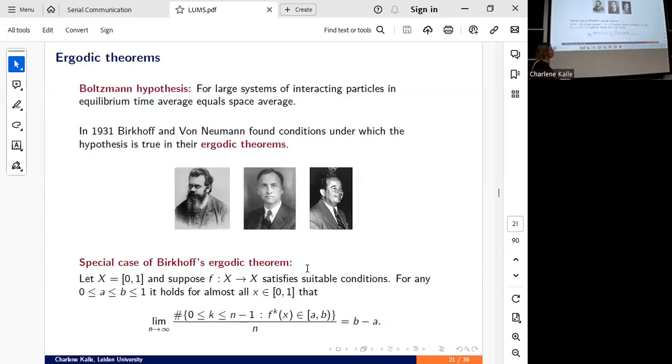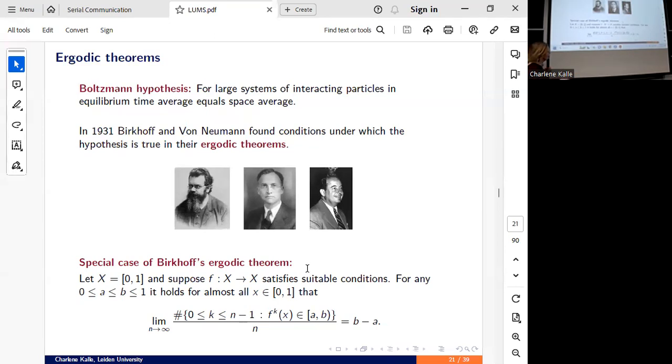I do not want to explain precisely what these are. But if you have these two, then for any two numbers a and b in the unit interval, it holds that for almost all points, we have this statement.